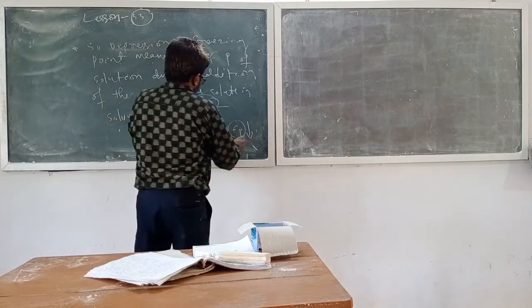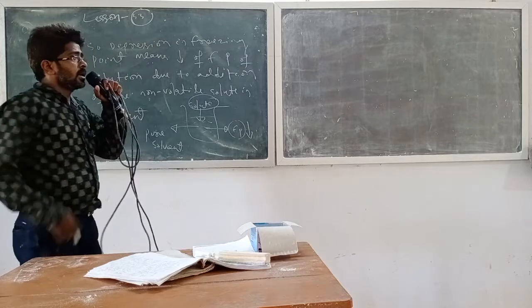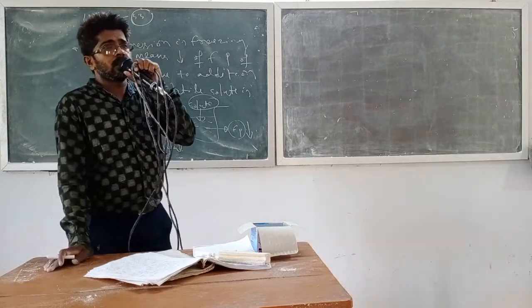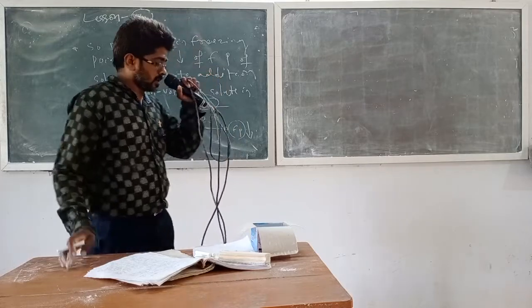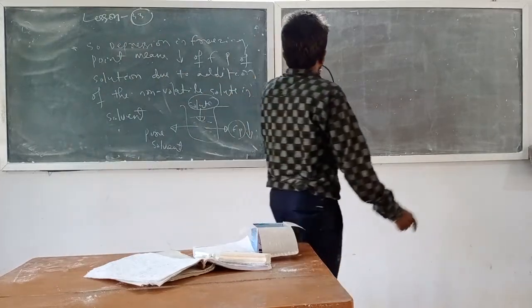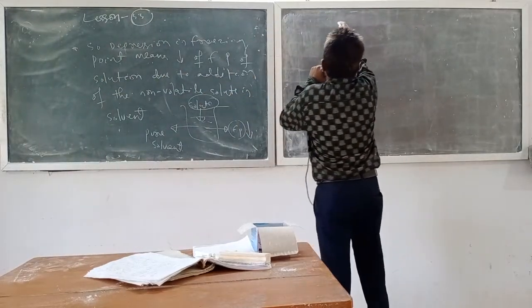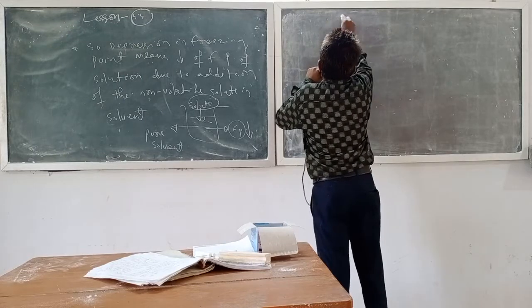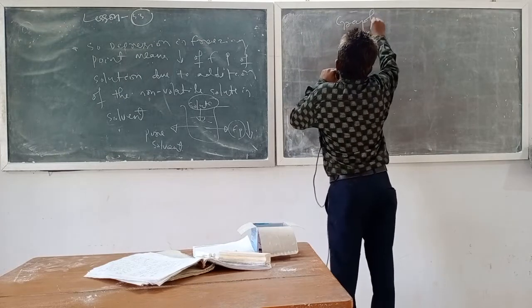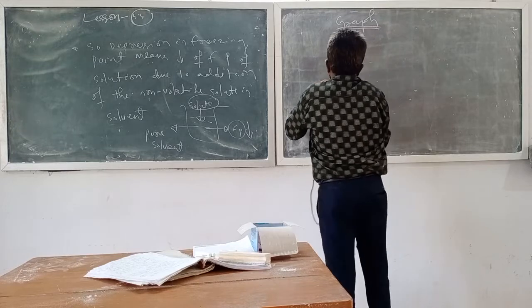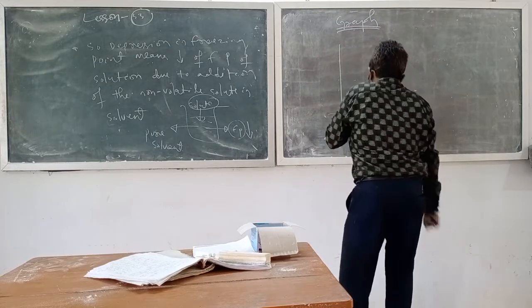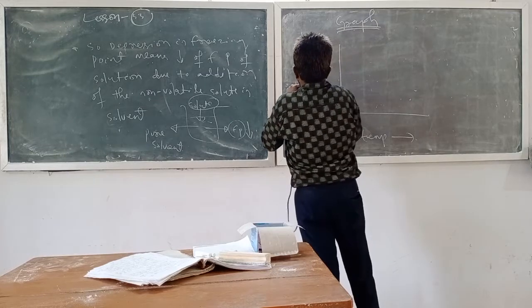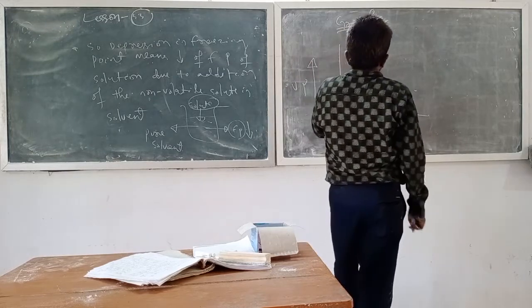Because of the addition of the solute. After addition of the solute to the solvent, the solution freezing point decreases. So this can be drawn in a graph. Suppose this is the temperature axis, and suppose this is the vapor pressure axis.